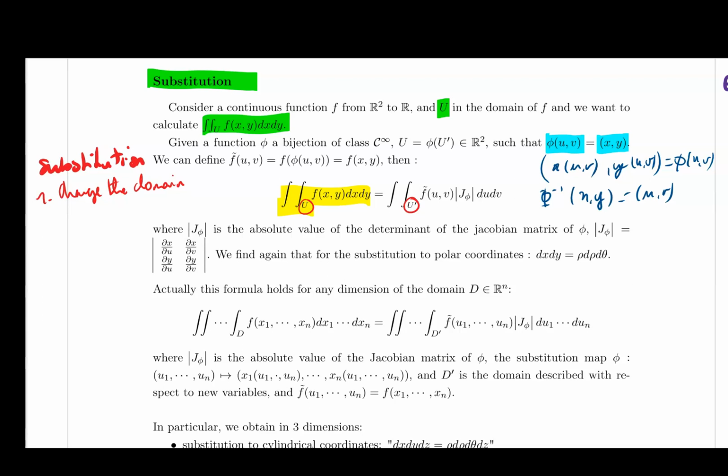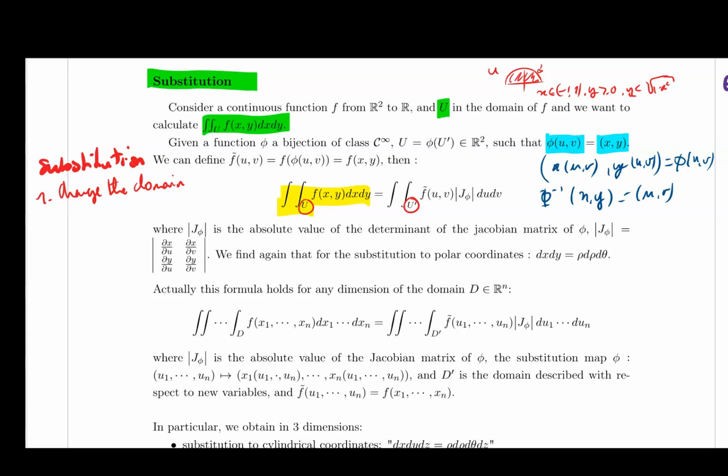For instance, if I tell you that I want to work on a half disk in the plane, I can describe that in Cartesian coordinates by saying that x is between -1 and 1, and y should be bigger than 0 but smaller than square root of 1 minus x squared.